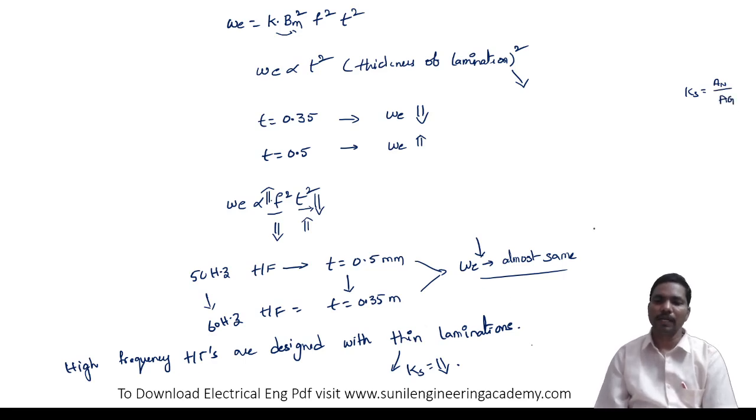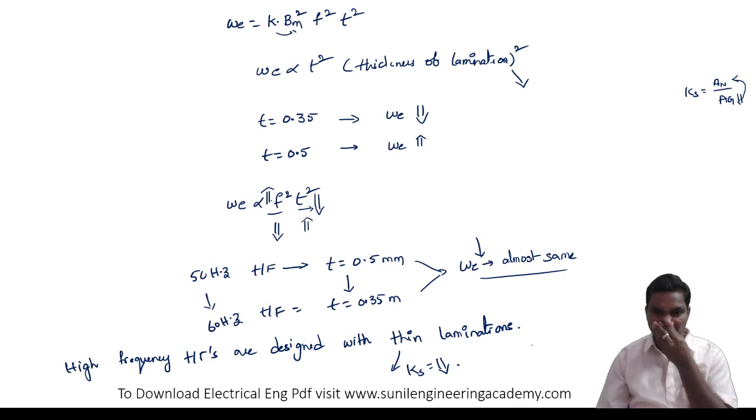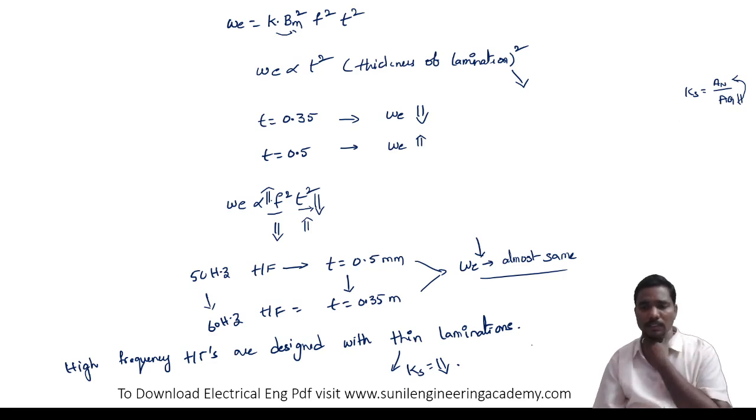So if you go with thin laminations, the gross area is somewhat equal to the net area. If you go with thin laminations, the gross area is reduced, so we can improve the stacking factor.